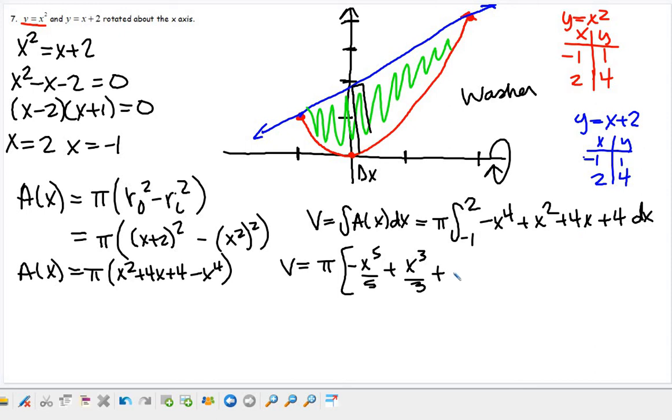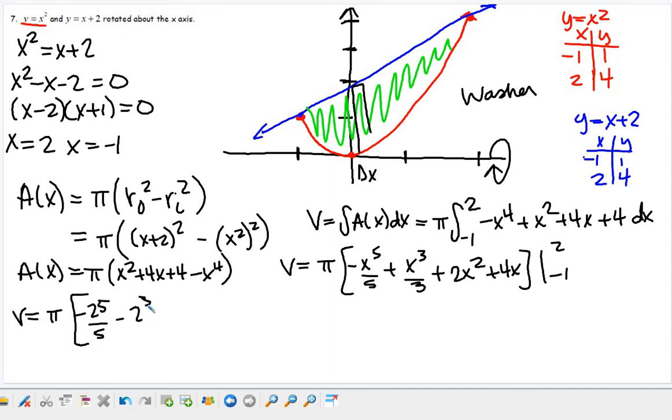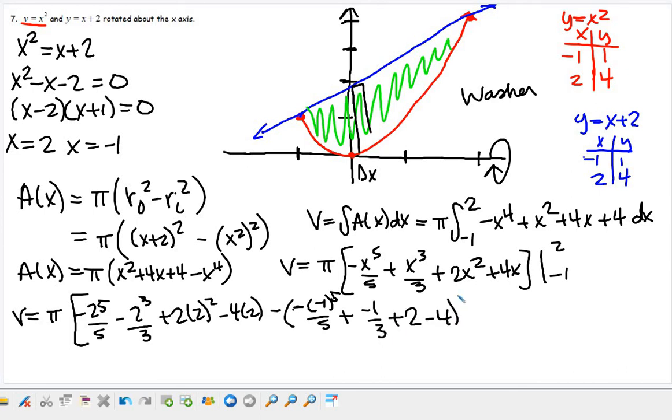It's going to be 4x squared divided by 2, so 2x squared plus 4x evaluated from -1 to 2. So volume is equal to pi, -2 to the 5th divided by 5 minus 2 cubed divided by 3 plus 2 times 2 squared minus 4 times 2 minus negative of -1 to the 5th over 5 minus negative or plus -1/3 plus 2 minus 4.